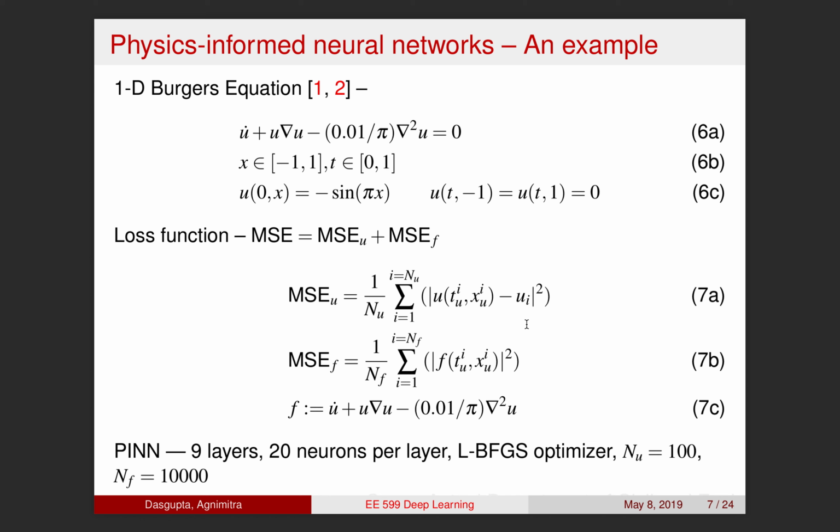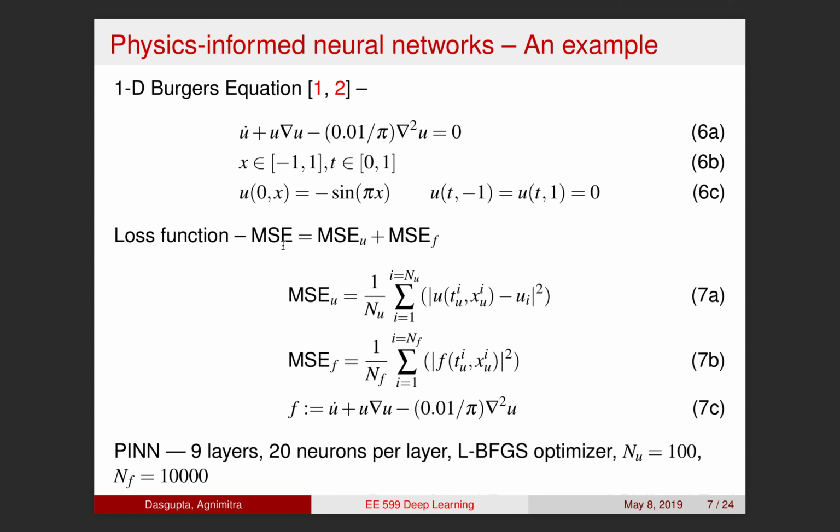Now, the governing equation of the Burgers equation gives us an augmented mean squared error loss function. Any solution that the neural network proposes must satisfy this equation to the best extent possible. So we add that term along with the initial and boundary conditions that must be satisfied by the neural network.